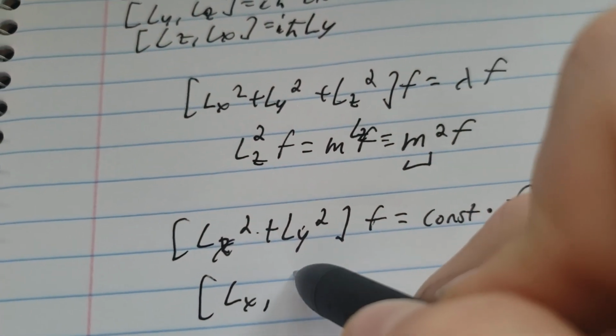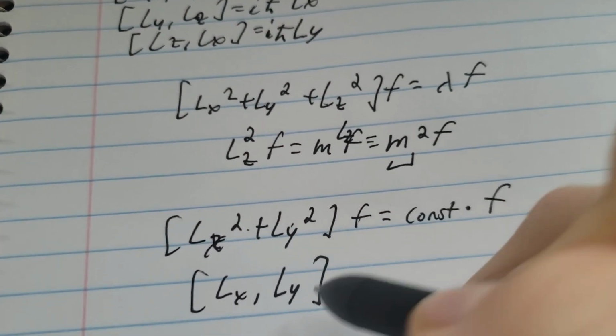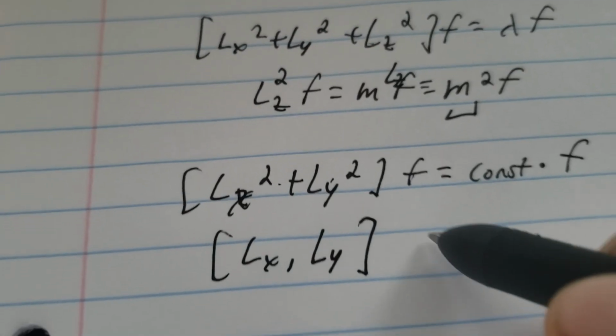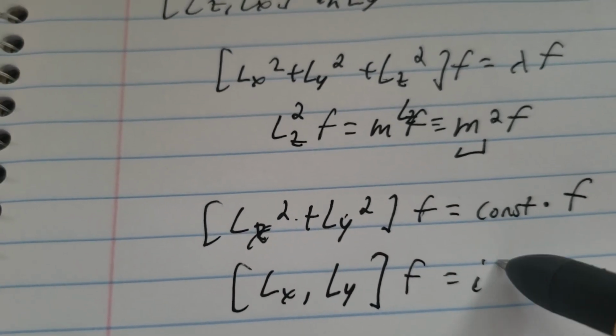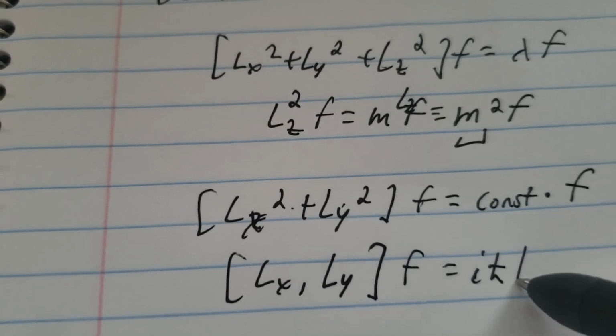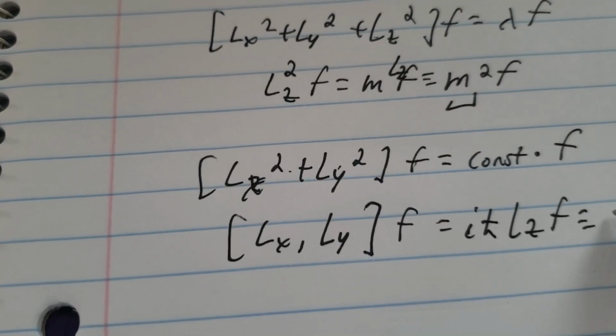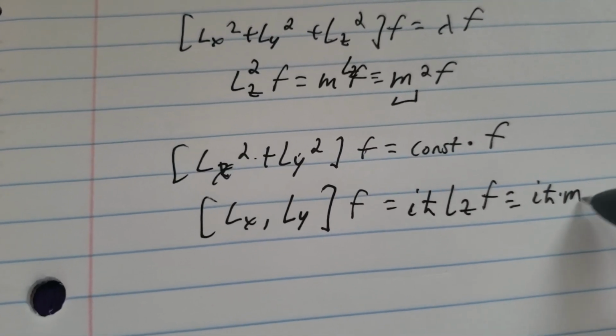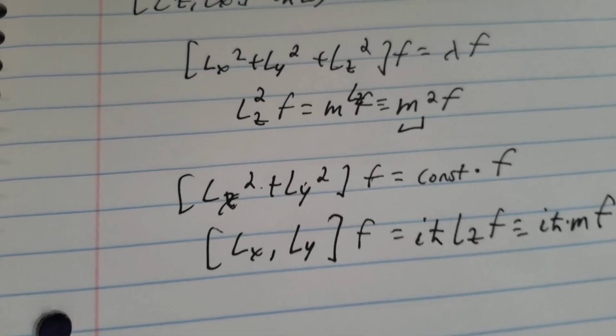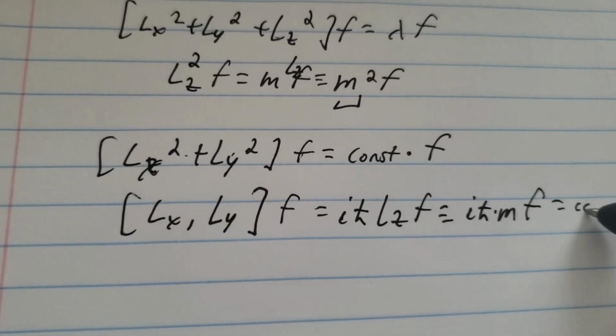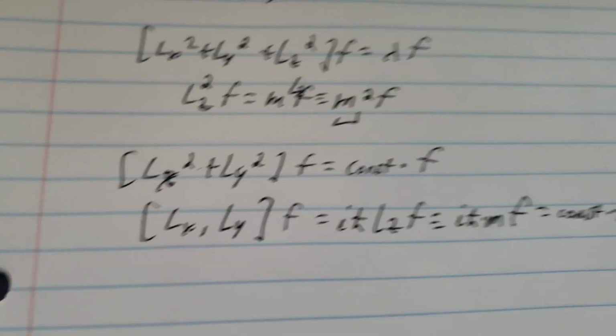And our commutator Lx with Ly, when it acts on f, is just i h bar Lz acting on f, which is just i h bar times m acting on f, which is just a constant times f.